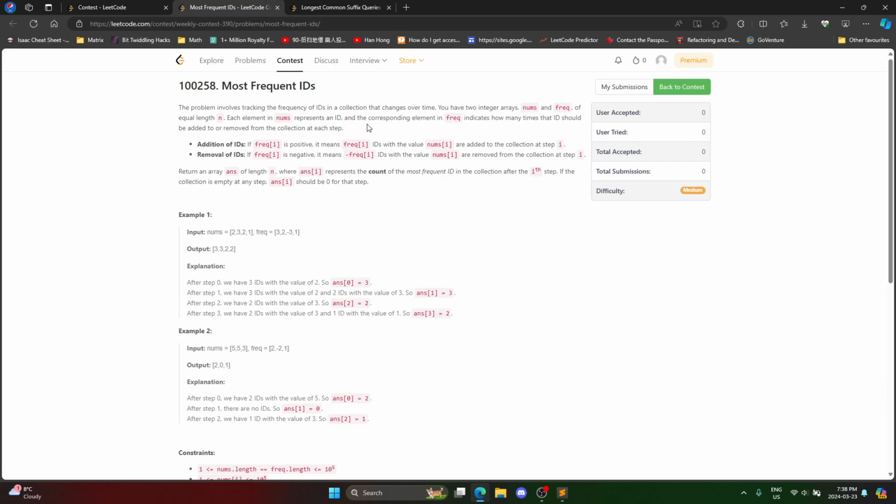Frequency of IDs in the collection. Each element in nums represents an ID. The corresponding element ID should be added or removed.